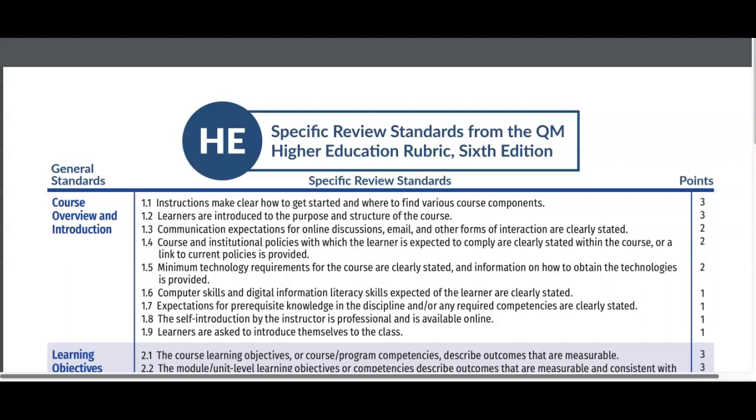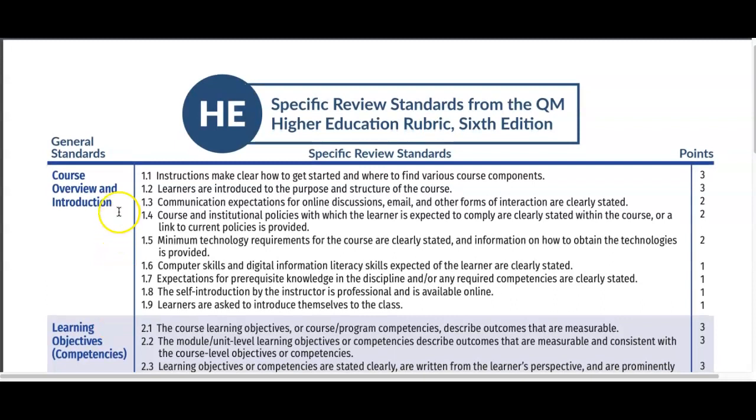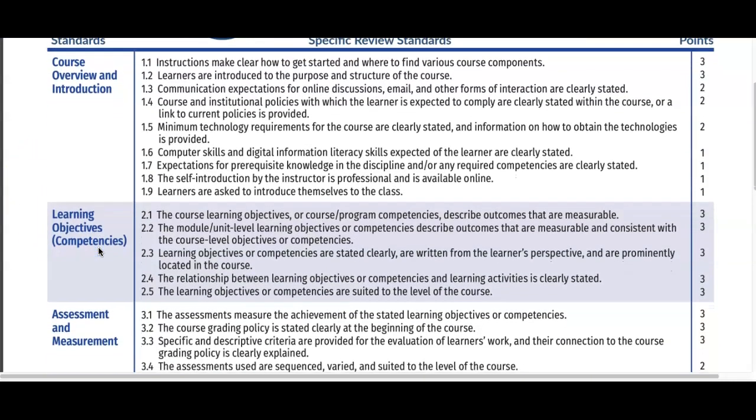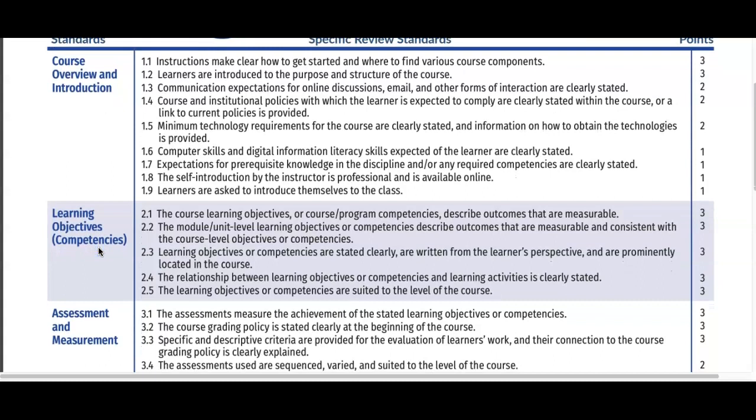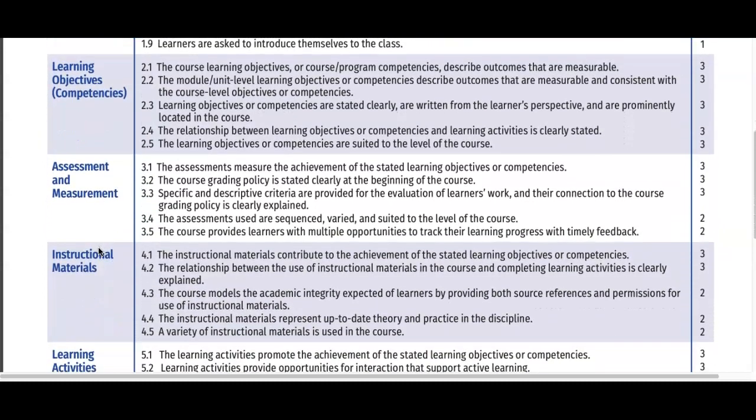You can see if you look through the rubric that the rubric contains general standards involving course overviews and introductions, learning objectives that are measurable and really do align with the overall program learning objectives and often the accreditation review standards that have to be met by a program's particular courses.